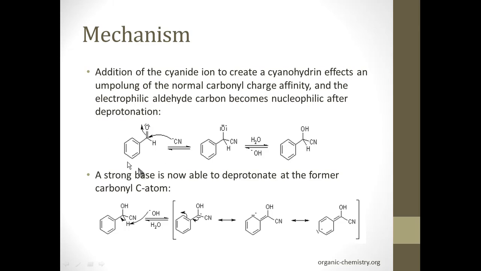So this is our one molecule of aromatic aldehyde, and this one is the carbonyl carbon, C double bond O. So we know in a normal carbonyl, the carbon is delta positive and the oxygen is partial negative. Why?